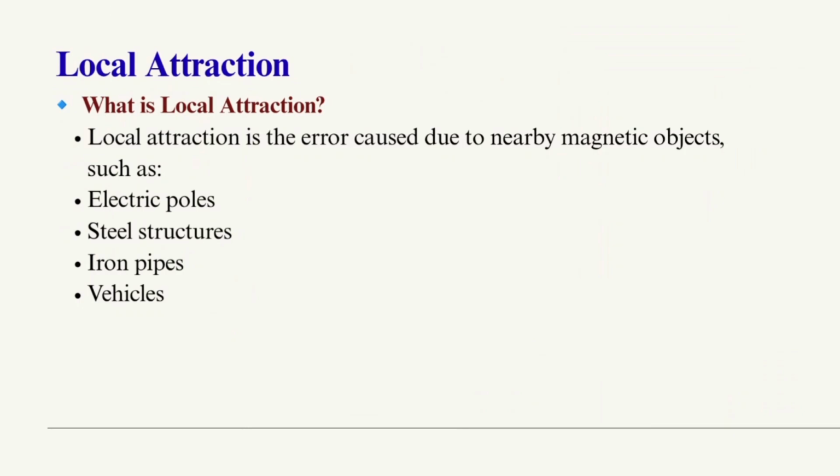Local attraction occurs when the magnetic needle is disturbed by nearby magnetic materials such as electric poles, steel structures, iron pipes or vehicles or anything else like that. Because of this local attraction, bearing readings become incorrect. So this type of error is called an error due to local attraction.